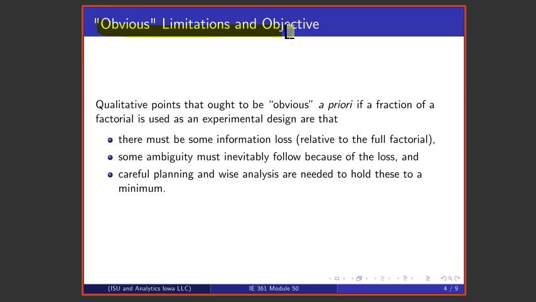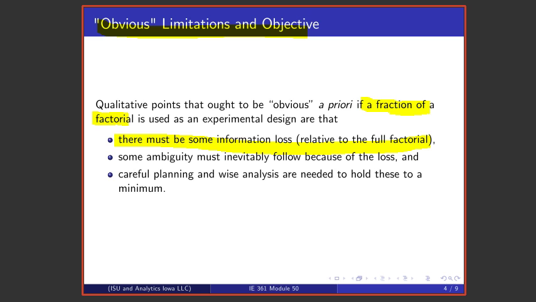Now, here are some obvious, quote-unquote obvious, limitations of this situation and our objective in this set of modules. It should be obvious before one goes any further, and we're really going to try to keep this in mind, that if one is only going to use a fraction of a factorial, there has to be some information loss relative to what one could know from the full factorial.